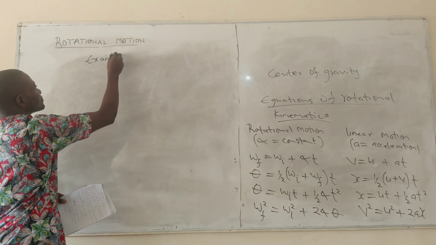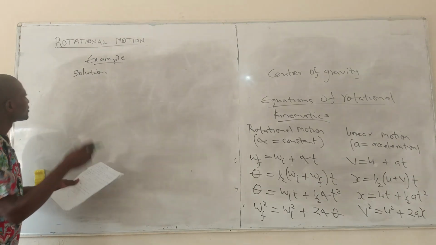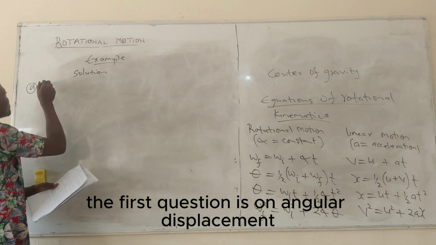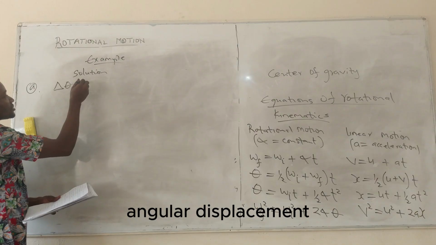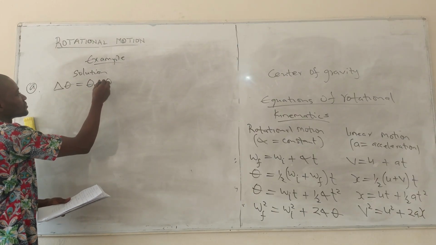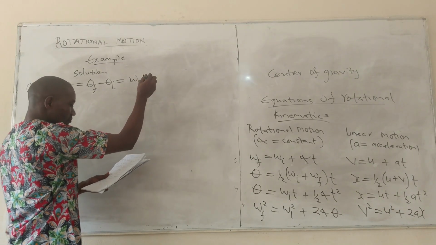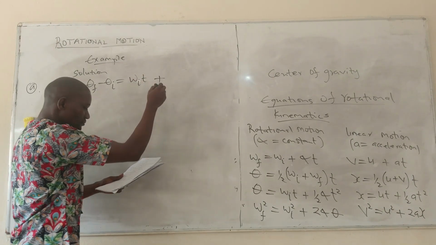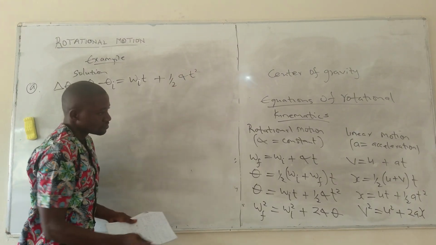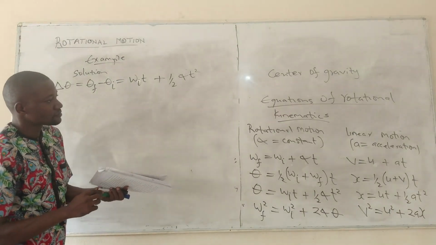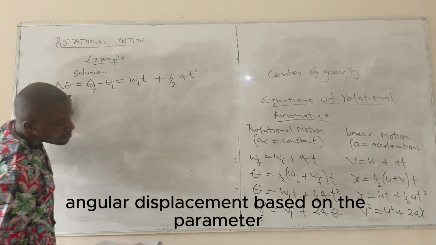Solution. The first question is on angular displacement. Angular displacement is given by this, from the equation of rotational motion.